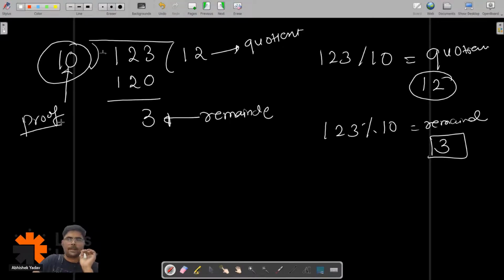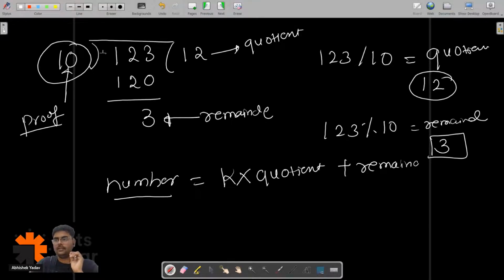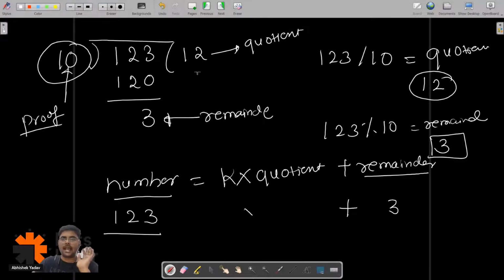You must have heard about this formula: a number equals k into quotient plus remainder. So if I have the number 123, I want the remainder, and the remainder is 3. And the quotient is 12 here, right?